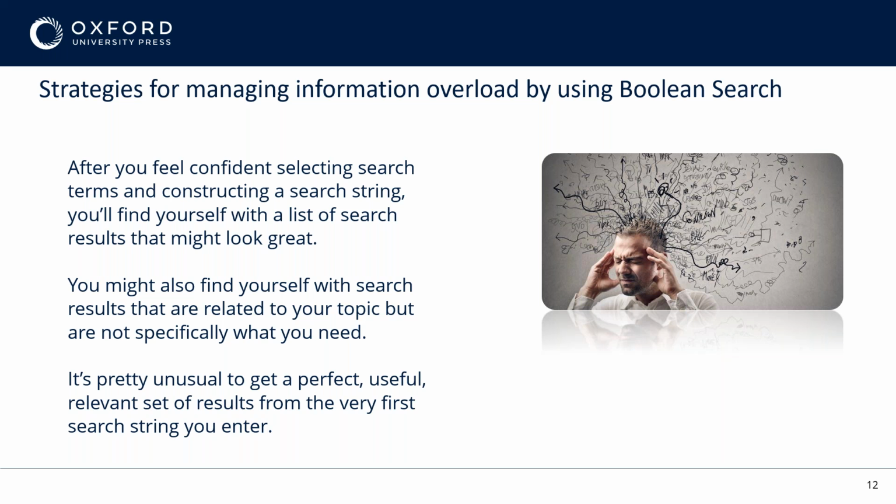With these search results, you will be confused. Sometimes you will get a lot of information that you don't need, and it is tough. So make sure that you keep on modifying. Don't give up. Don't say there's nothing, because from the very first search attempt, you will not get exactly what you want.